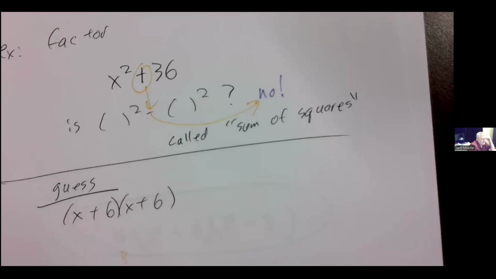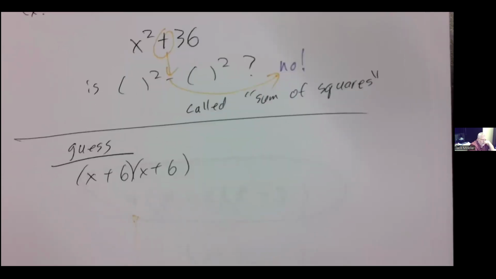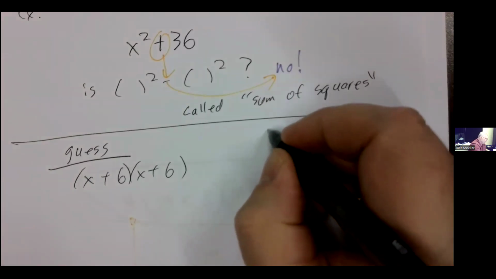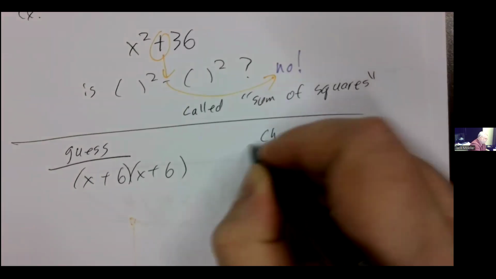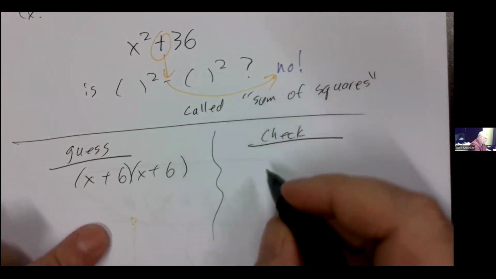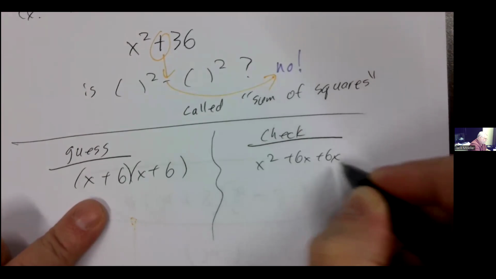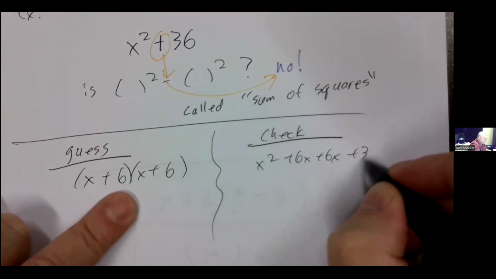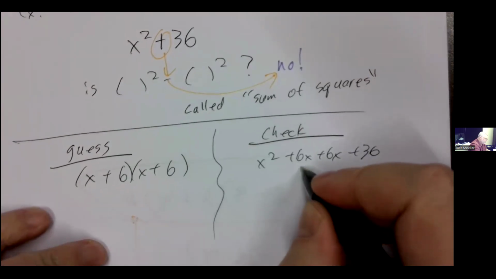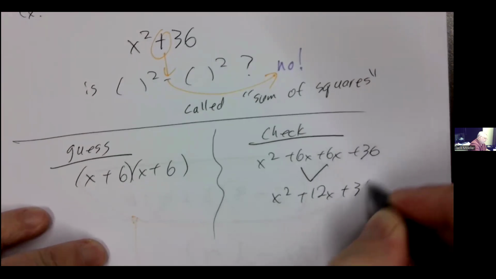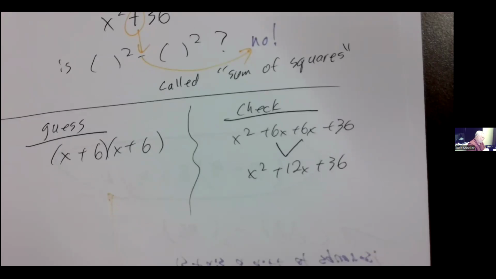So I think x plus 6, x plus 6 is usually my first guess I get. So does this work? Well, if you FOIL it out, you get x squared plus 6x plus 6x plus 36. So what's the problem? These do not cancel out our middle terms. So this doesn't work.